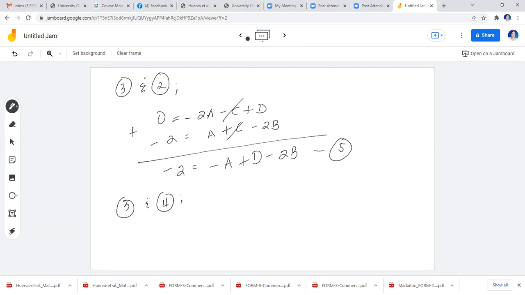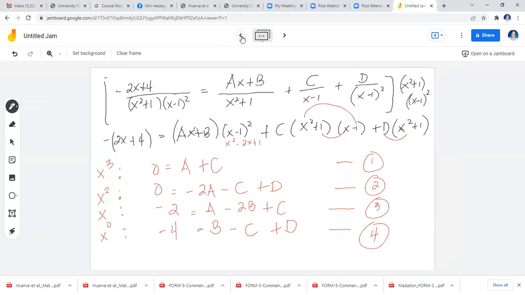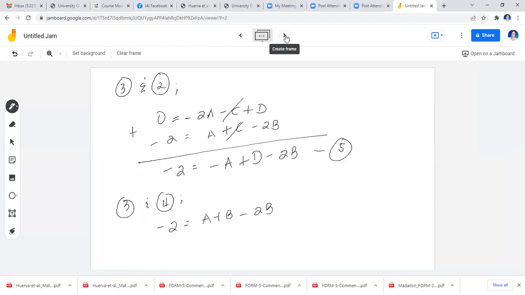So 3 and 4. This is your equation 3: negative 2 equal to a plus b minus 2b, plus c. Okay, that's our equation 3.